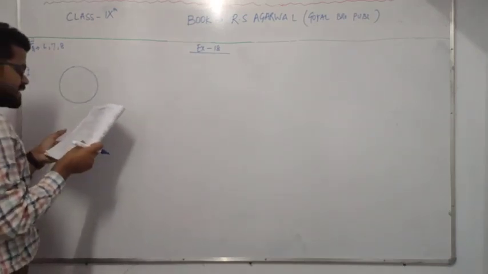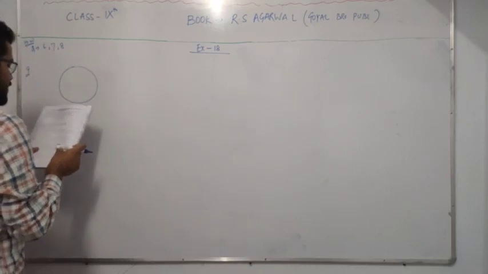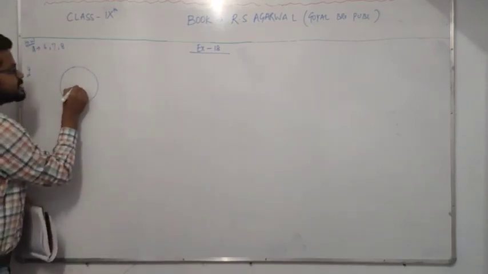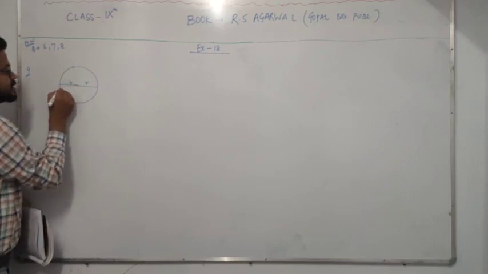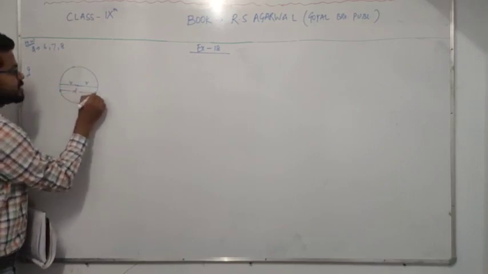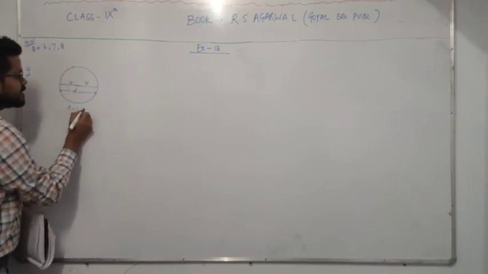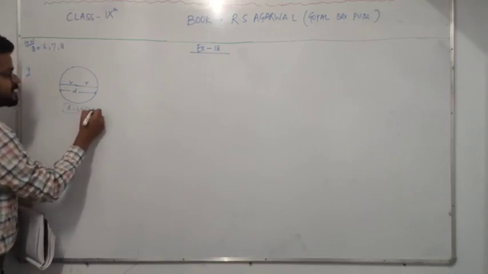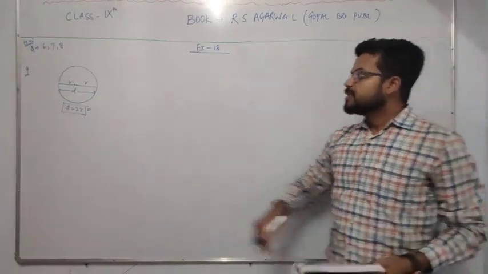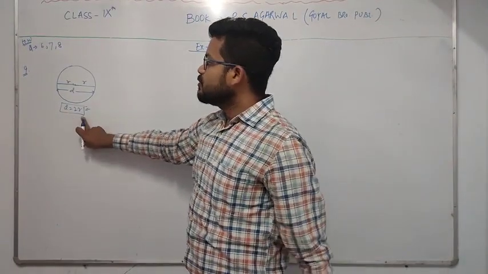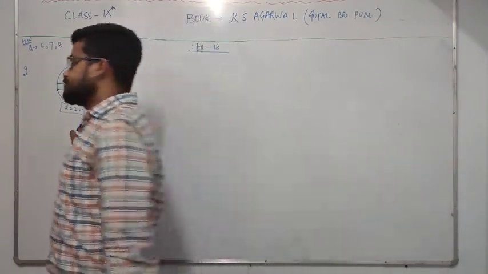Circumference of a circle exceeds its diameter by 180 centimeter. This is the radius and this is the radius, and diameter is always double of radius. Remember I told you this diameter is always double of radius.